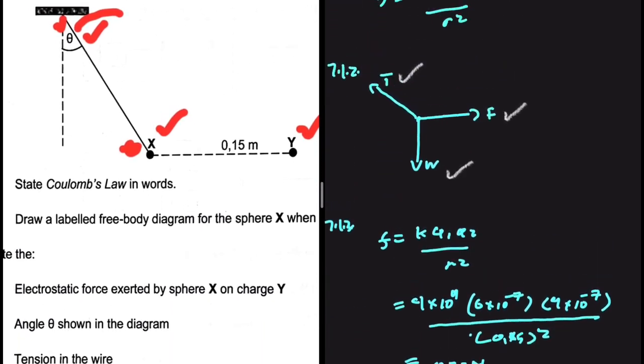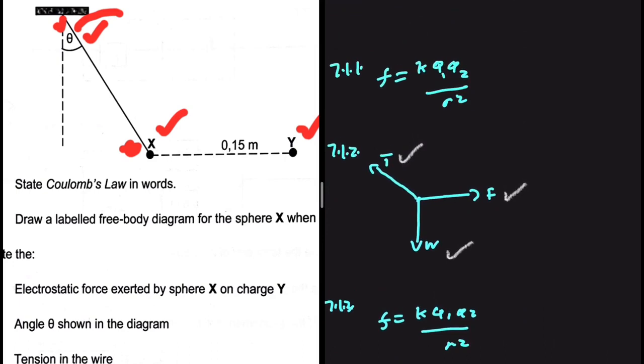So let's go back to our free body diagram. Our sphere is stationary. That tells us that the weight and the y component of the tension are balanced, and the electrostatic force and the x component of the tension are balanced. That's what we know. That's what we can try and use to get to our answer.